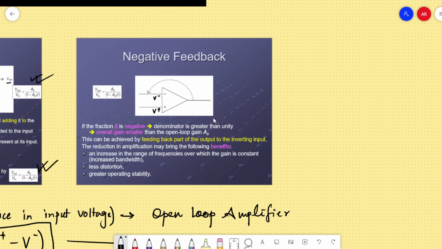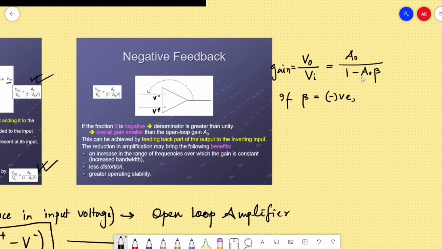beta is negative. Look at this equation: V out by V in, which is the gain, is A naught divided by 1 minus A naught beta. Now, if beta is negative, then the denominator becomes 1 plus A naught into beta.